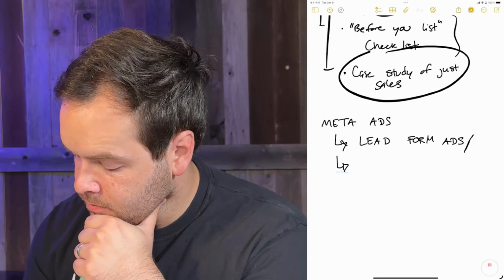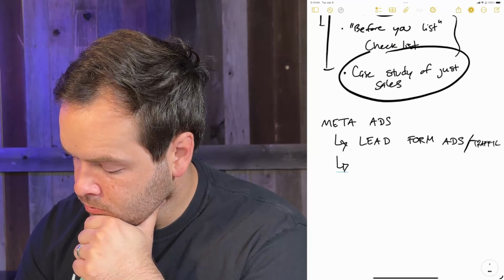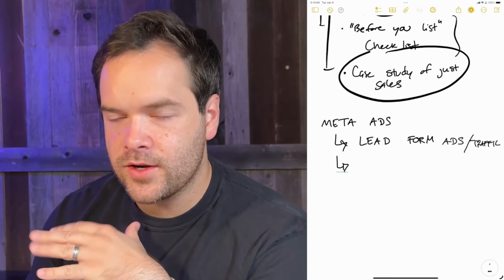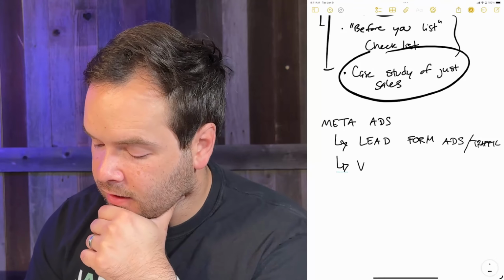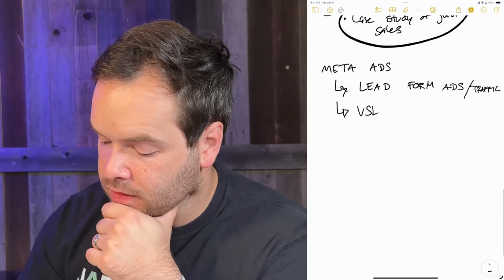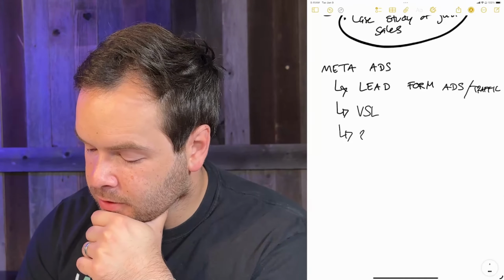Yeah, change that up. But traffic is a little questionable, and I'll explain why. So we want to do lead form ads, which are going to lead into an actual system for a VSL to actually sell the thing. We're going to have our purchase.